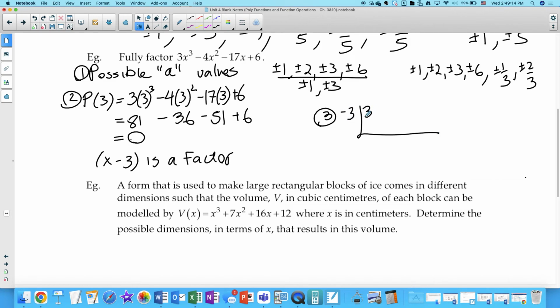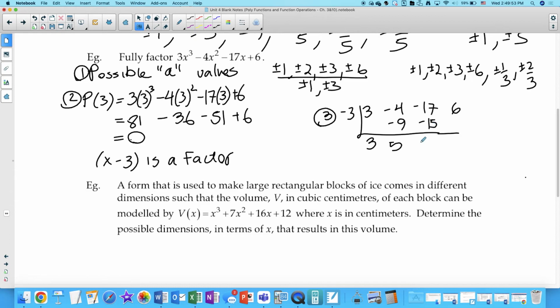Okay, so let's see. 3 times -3, -9, subtract 5. Oh, no, sorry, I'm just not done yet. Okay, I was looking to get 0 here. Okay, -17 minus -15 is -2. -2 times -3 is 6.